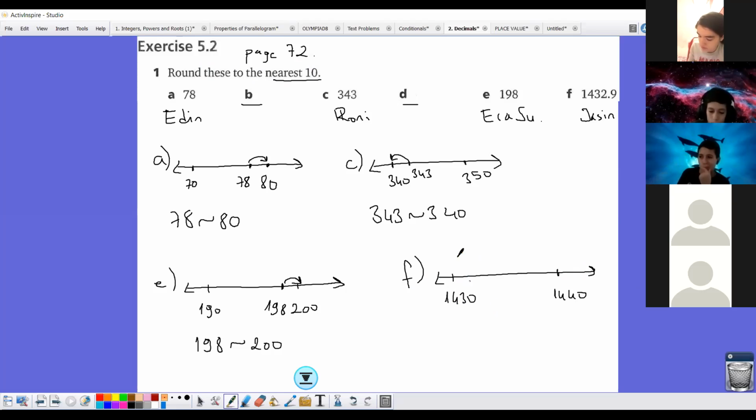It will be nearer to 1,430. So the number 1,432.9 is here, and as you can see, it's nearer to 1,430. My handwriting started to look like Japanese.